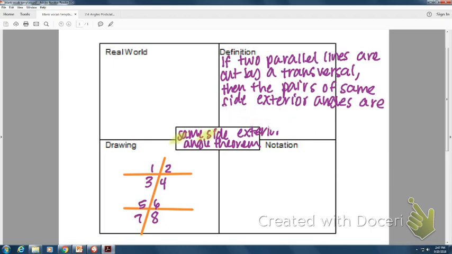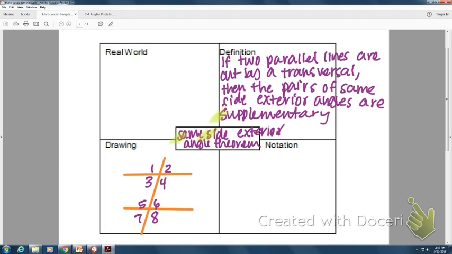Whoops, sorry, got carried away. This should say supplementary. Sorry about that. Nobody stopped me. No, my bad. Okay, so same side, supplementary. All of them again start with S, so it's an easy way to remember.